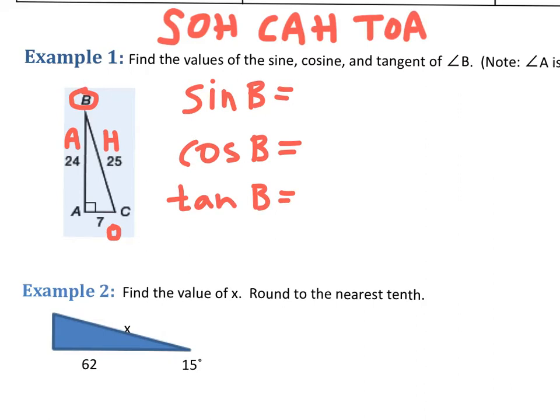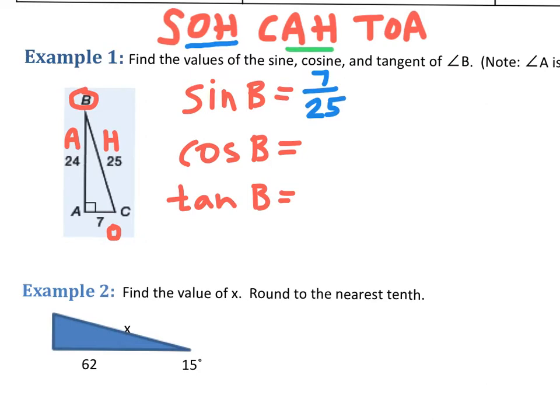So sine, remember, using our acronym, is the opposite side compared to the hypotenuse. And I look, my opposite side is 7, my hypotenuse is 25, so I just simply write in the values, 7 to 25 would be my sine. My cosine is my adjacent compared to my hypotenuse.